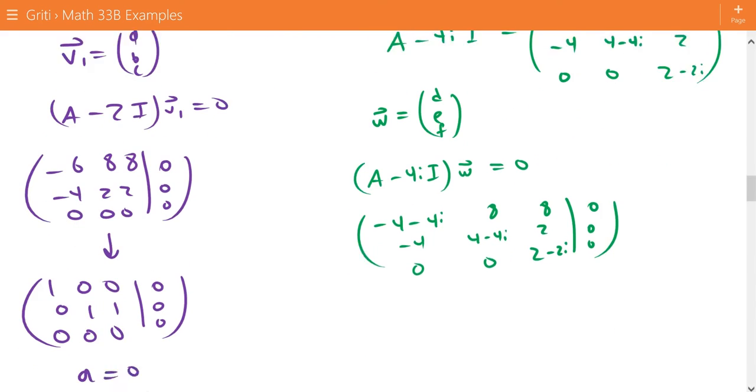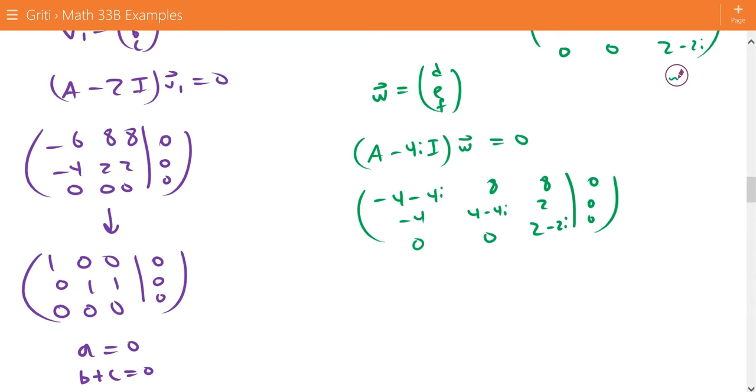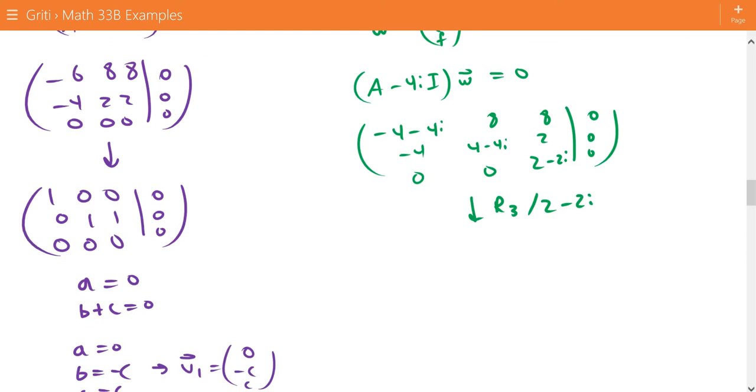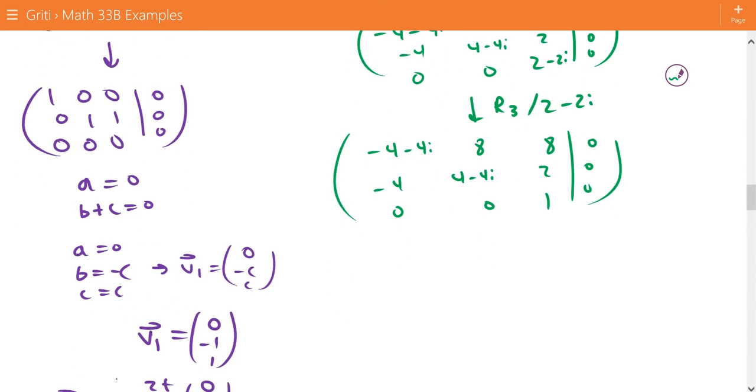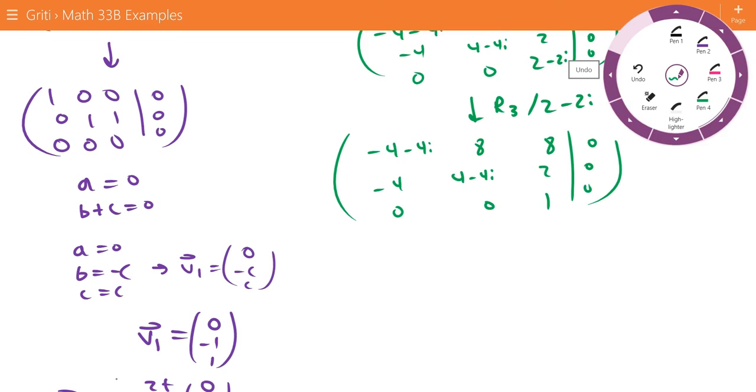And if we start by taking R3, dividing by 2 minus 2i, we'll get 1, 0, 0, 1 on the bottom. And then this will clear these two entries in the column.